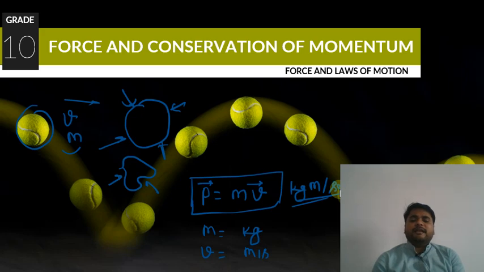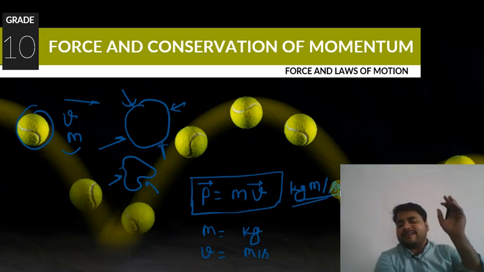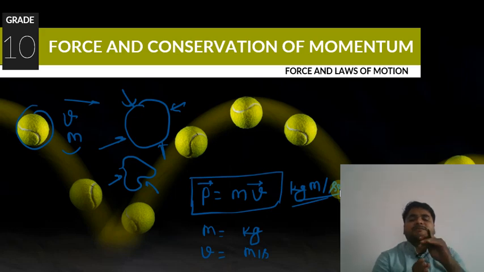Now in the diagram we can see that we throw a ball, then what happens? The ball moves in the horizontal direction as well as in the downward direction. Why is it moving in the horizontal direction? Because the object got some velocity.